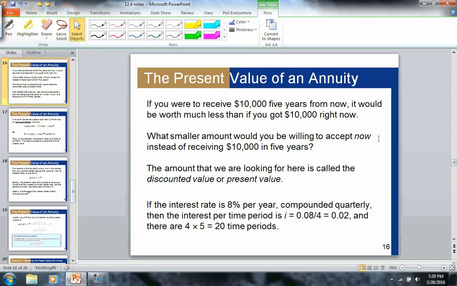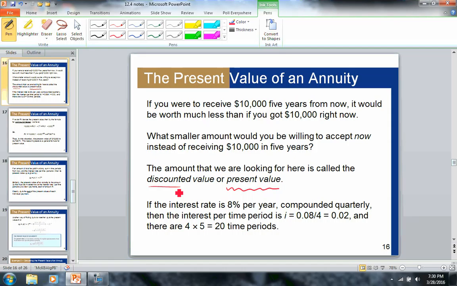What's that smaller money amount that it's equal to now? Okay. So the amount that we are looking for here is what we're going to call the discounted value or the present value. Okay, and it's discounted, not like you're getting a discount on it, not like it's 20% off. It's discounted because it's smaller. It's a smaller amount of money.